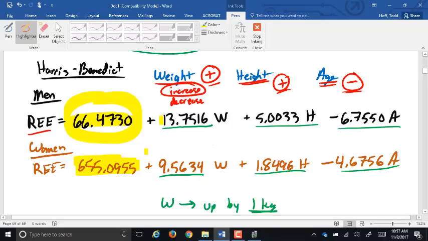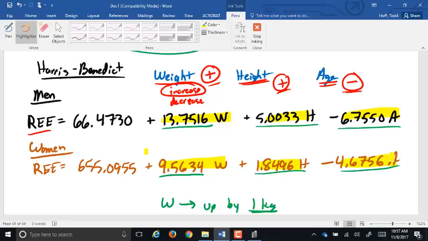It depends more on their weight, height, and age. Whereas for women, this number is large. Think of that as like your y-intercept. Women are going to burn close to that number of calories, and the weight, height, and age have smaller effects on their calorie expenditure than they do for men.